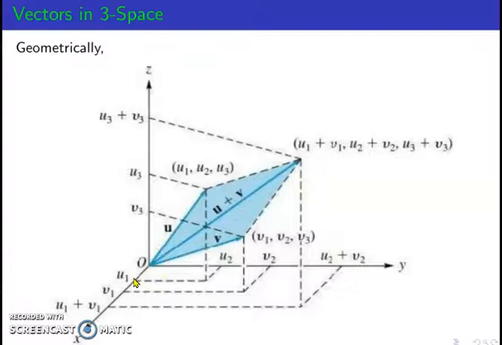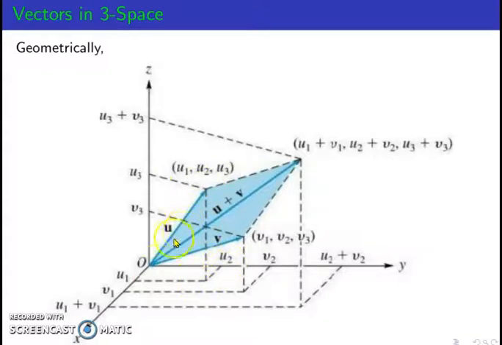The component for y of this vector is U sub 2, and the component for z is U sub 3, which is this distance here. So this is your vector U.